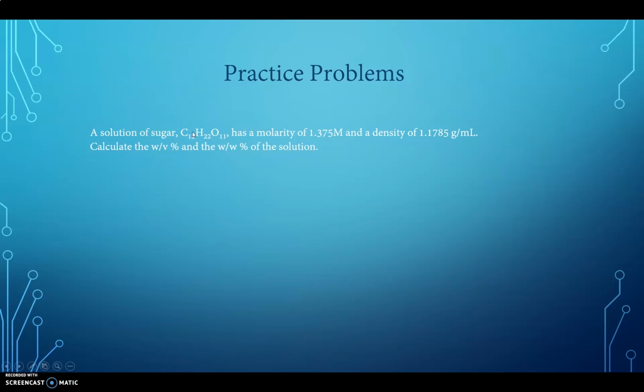With a solid like sugar, we can't do a volume percent because you can't really measure the volume of a granular solid like sugar. If we have liquids or gases, we can do volume percents, but with solid solutes, normally that's not possible. So, for the first problem, let's figure out what the weight volume percent is.